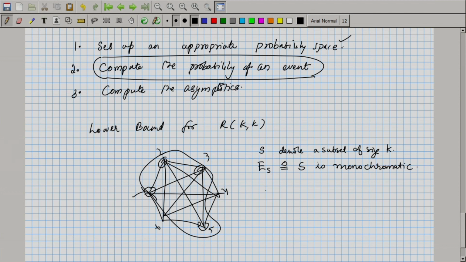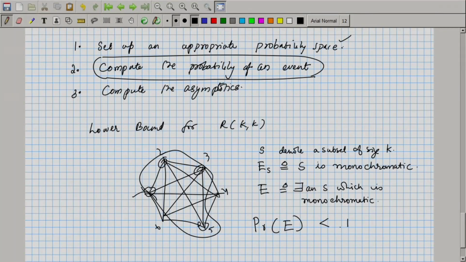This will have a certain probability, and let E denote the event that there exists an S which is monochromatic. This is the event that I am interested in, and I will compute the probability of E. If the probability of E is less than 1, then when you randomly color, there is a coloring which results in there being no monochromatic cliques.